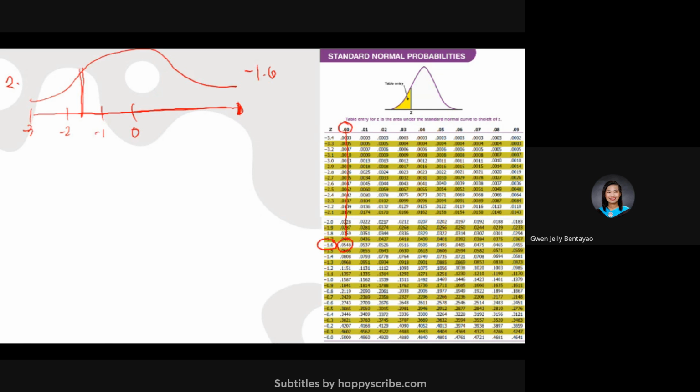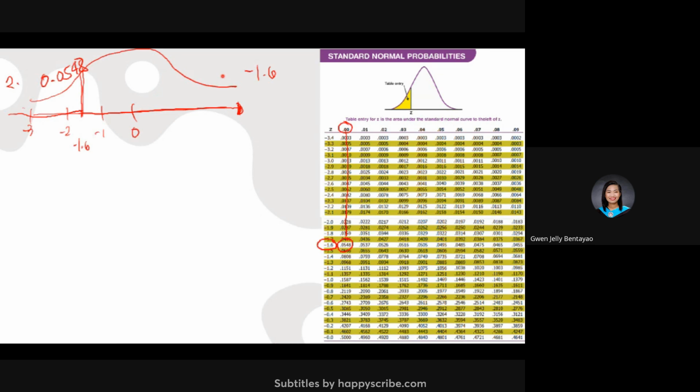So that's the area from the negative end going to negative 1.6. But that's not what we are concerned with, because we need the percentage above Mark's score.